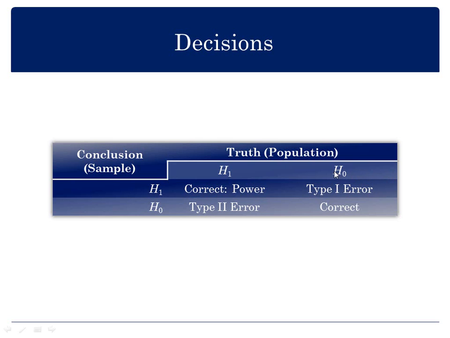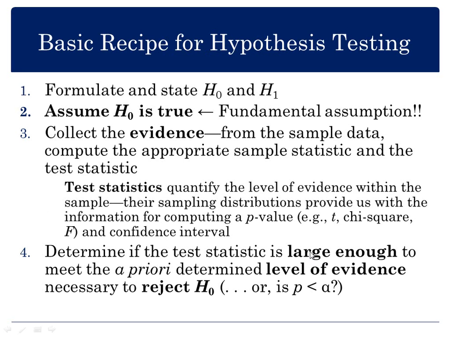And then we're going to grab a sample randomly from that population. And we're going to see if the data that we got looks like it came from that population where the population average is whatever we said it was under the null hypothesis. So here's our recipe.